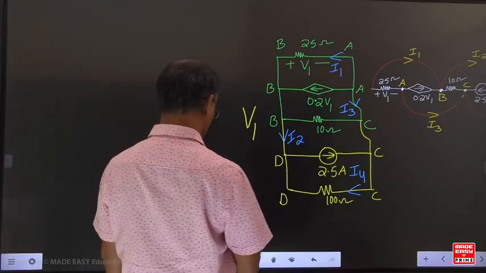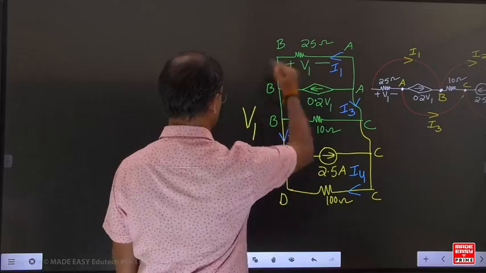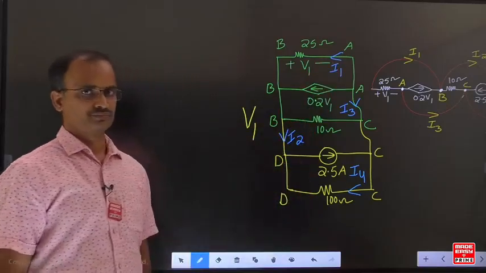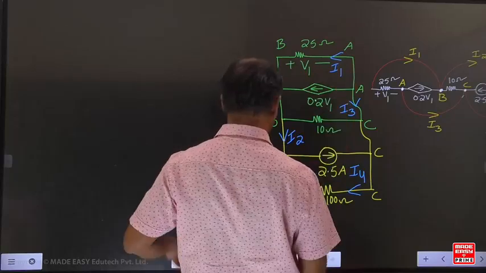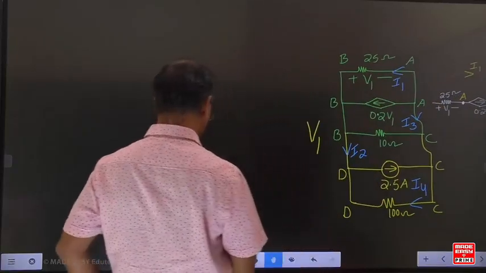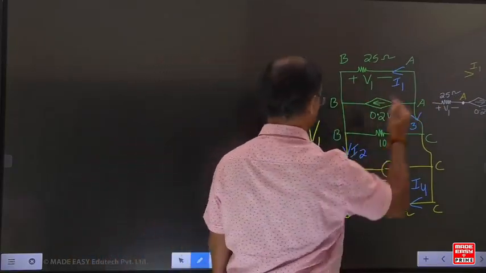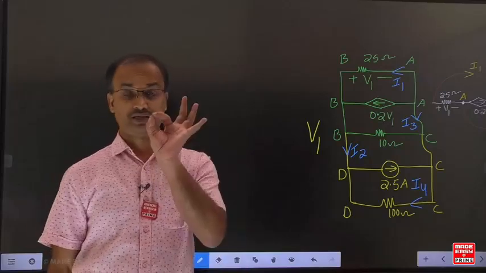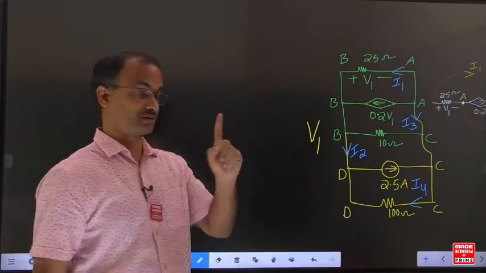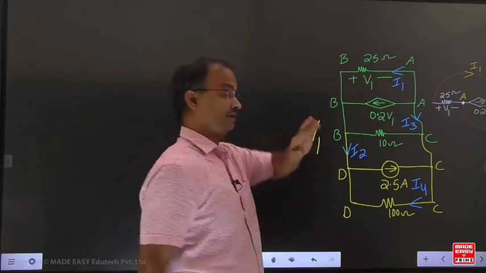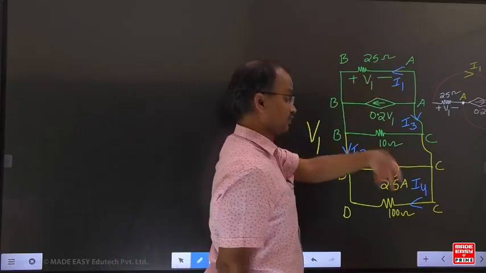What is our assumption? Current always flows from the higher potential to the lower potential. And remember one statement here: while writing the node equation, always take the assumption that the node voltage is greater. Don't focus on the given I1, I2, I4 directions.